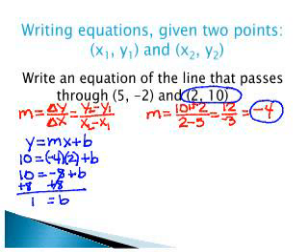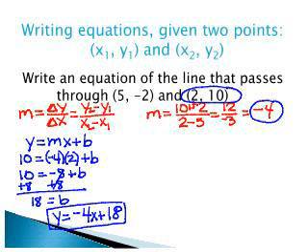B is equal to 18. So the equation of my line is y is equal to my slope, which was negative 4, x plus the b, which is 18. Wow, that looks funny. That's a 18.